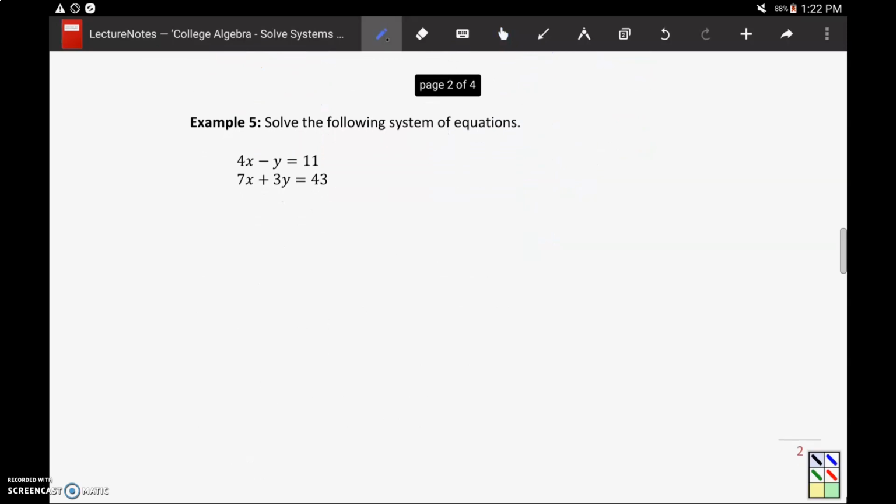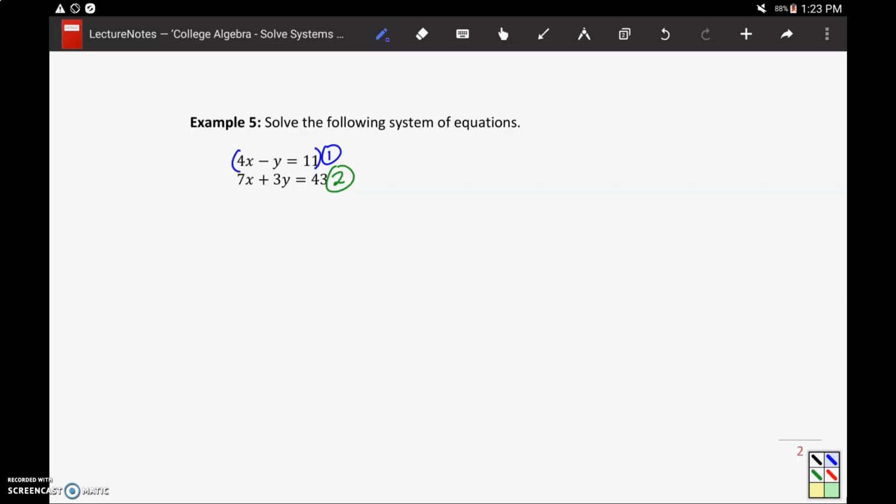In example 5, we have a slightly more difficult case to consider because we can't just add our two equations together. If we do, we would still have both an x and a y term left over. So referring to these again as equations 1 and 2, what we can do is look at updating one or the other equation in some way so that when we add them together we do end up with a variable canceling out.